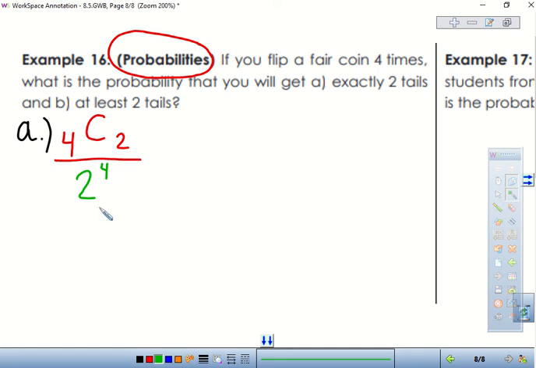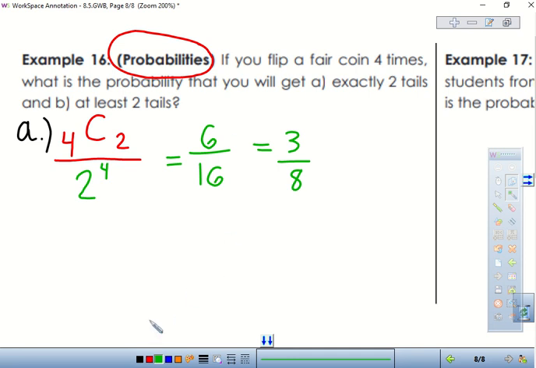That's 16. If you flip a fair coin 4 times, there's 16 combinations of things that can happen. You can get heads, heads, heads, heads, heads, tails, tails, tails, tails, and so on. 16 ways. So this comes out to be 6 out of 16, which is 3/8. So that's part A.